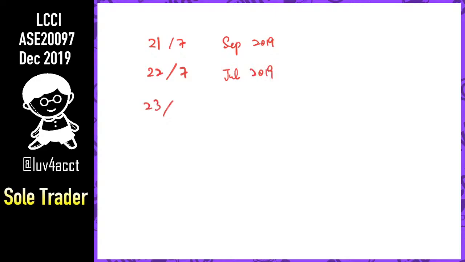On the 23rd, if I'm still alive, then it is June's paper. Then on the 24th, after June we have April. So we might have 4 days in a row of revision for LCCI Level 3 Financial Accounting. Then I'll take a break until the beginning of August, maybe on the 5th. I'll be back. So that's all for today.